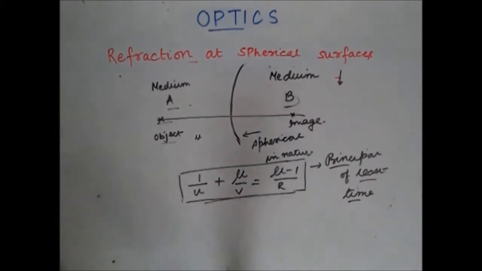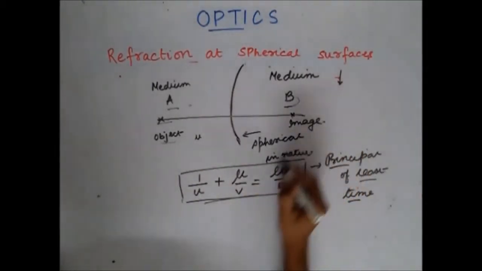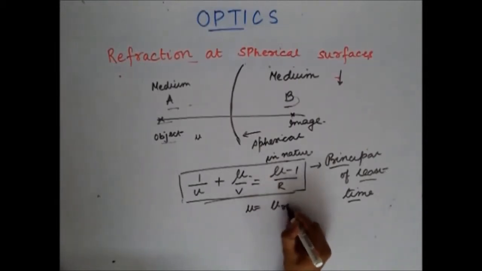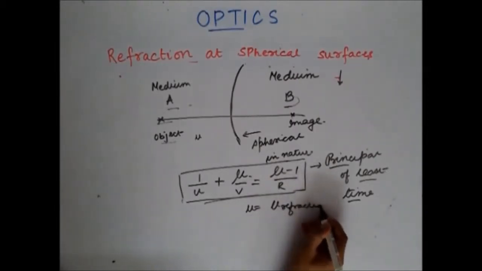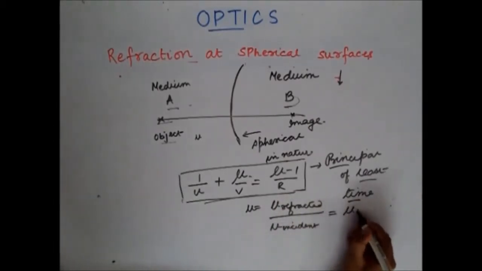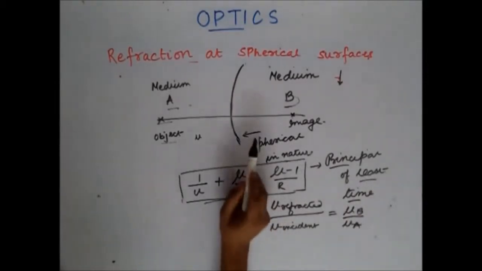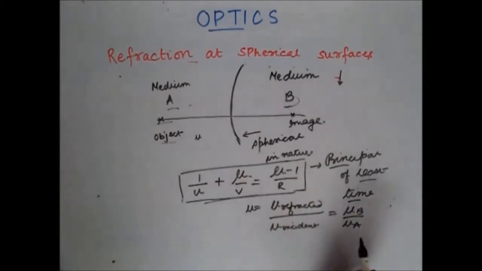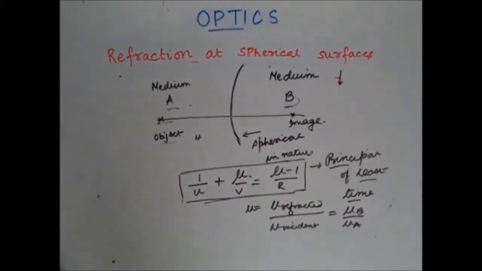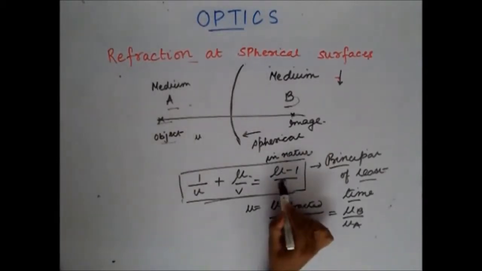Now, what is mu? In this case, mu is equal to the mu of the refracted medium divided by mu of the incident medium. So in this case, it is mu B by mu A, where mu B is the absolute refractive index of medium B and mu A is the absolute refractive index of medium A. And what is R?